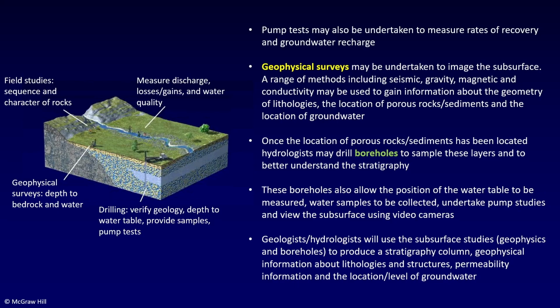So all of this information is going to be collected, it's all going to be put together, and it's going to be used to essentially say, right, this is where the water table is located, this is its geometry, and this is how quickly water is moving from point A to point B.